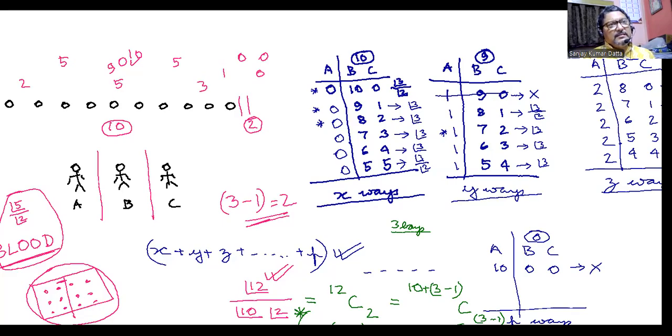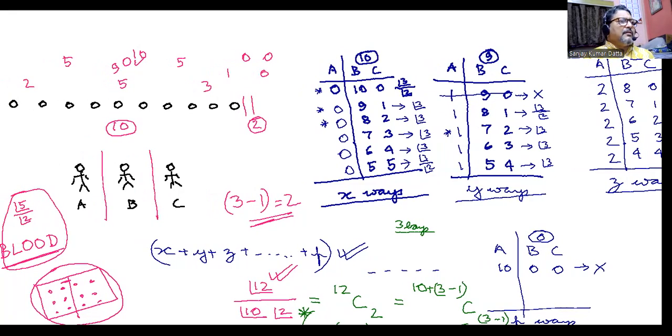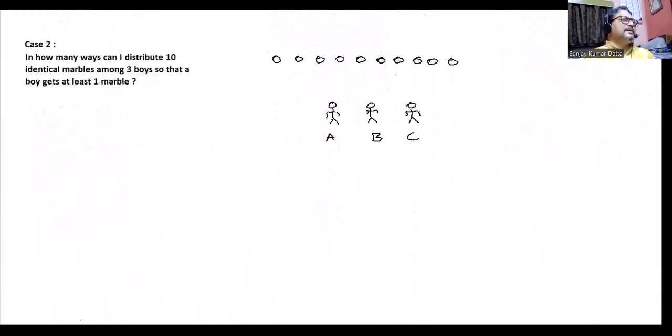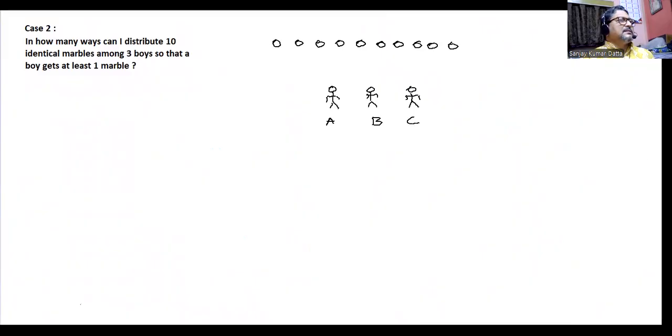So you'll have to eliminate these and calculate all the rest. That's pretty lengthy, and we have taken very rosy figures of 10 marbles and 3 boys. Not always will be the case. This could be 30, and this 3 could be 13 boys. So there we will be in dire straits. So we will have to find out a process for whatever the figures, we are absolutely okay with it.